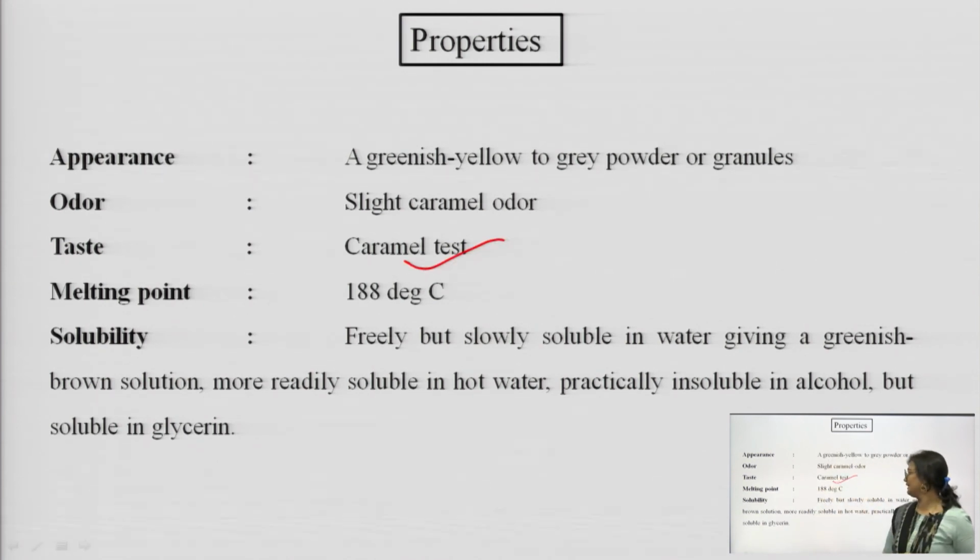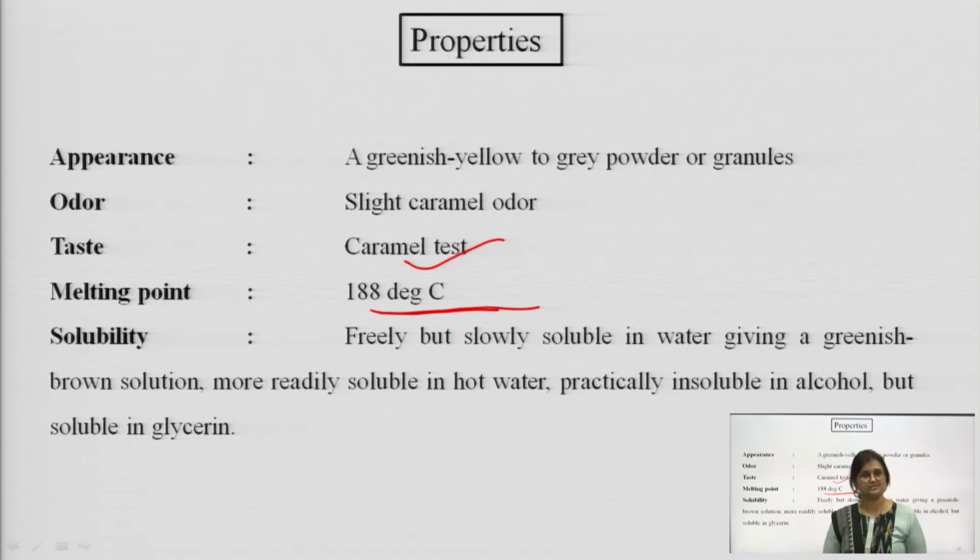It tastes like caramel and melts at 188 degrees Celsius. It is freely but slowly soluble in water, giving a greenish brown solution, more readily soluble in hot water. It is practically insoluble in alcohol but soluble in glycerin.